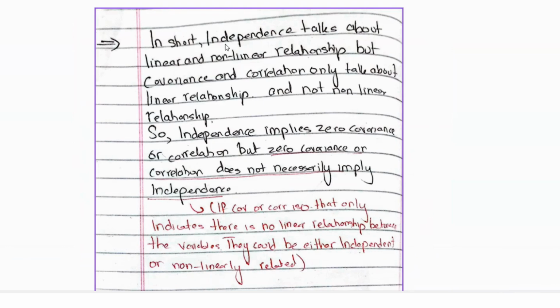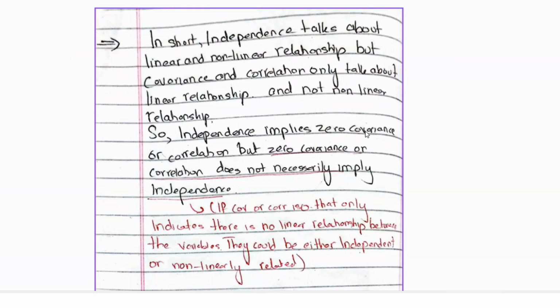So when I say they're independent, that means they're neither linearly related nor non-linearly related, so automatically covariance is zero because they're not linearly related. But we know nothing about whether they're non-linearly related or not by just looking at covariance, so we cannot say based upon zero covariance that they're independent. So independence does imply zero covariance, because being independent means they're not linearly related.